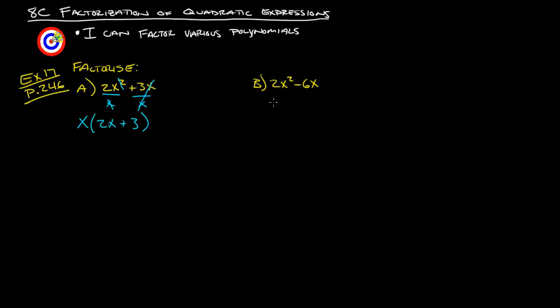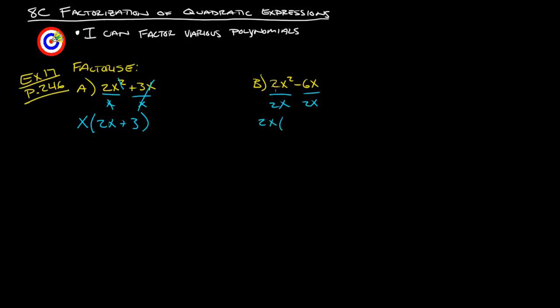It would be a great idea on this video that at any point you feel like, okay, I think I've got this, I would pause it before I go to the second one, try it out on your own first, and then check and see if we got the same answers. This one also has an x in common, and 2 and 6 both have a 2 in common, so you can factor a 2x out of both.